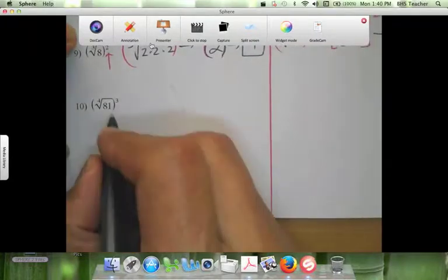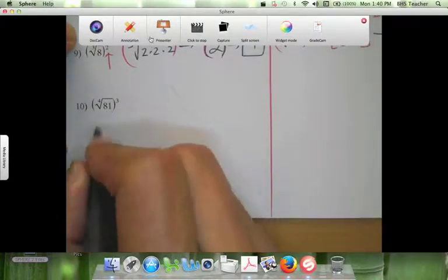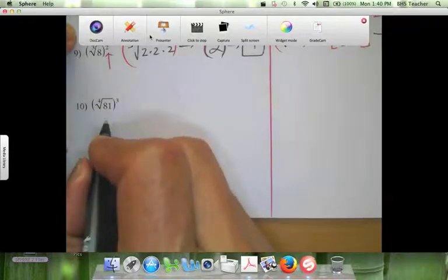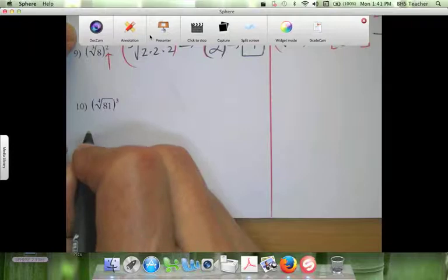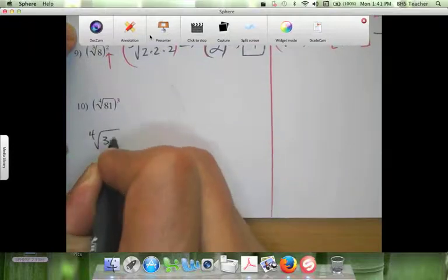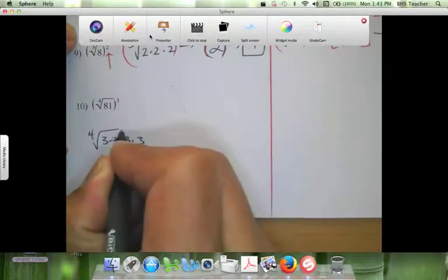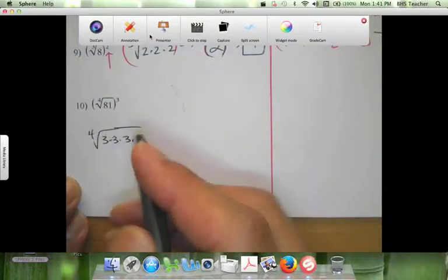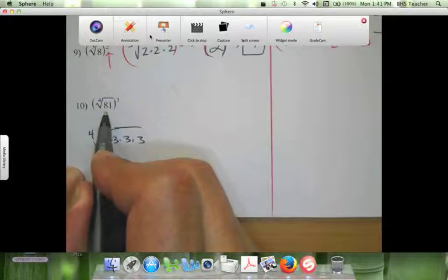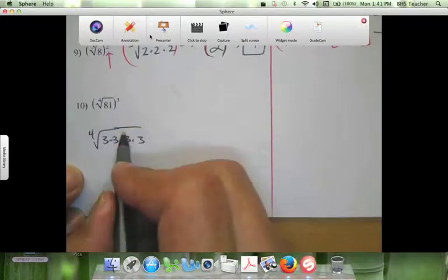The fourth root of 81. If you use your calculator, you're going to get the answer 3. The answer 3 means that this is 3 times 3 times 3 times 3, right? 3 to the power of 4. A lot of you, again, you think of 81 and you think of 9 because it's 9 times 9. That's a square root, but a fourth root is 3. 3 times 3 times 3.